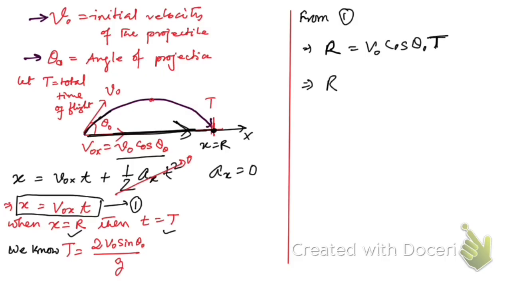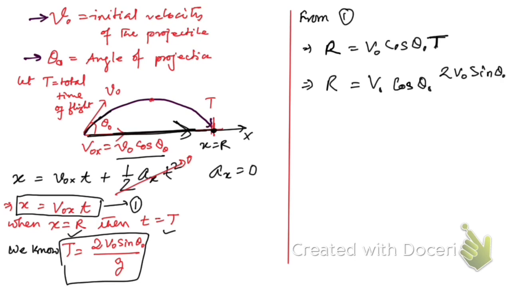So r is equal to v naught cos theta naught, and now capital T will be replaced by 2 v naught sin theta naught divided by g. Hope you have understood this.